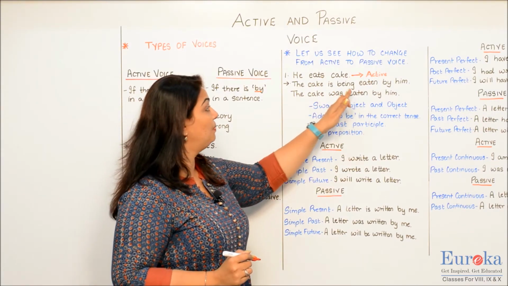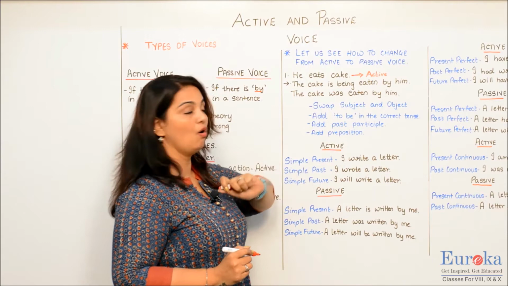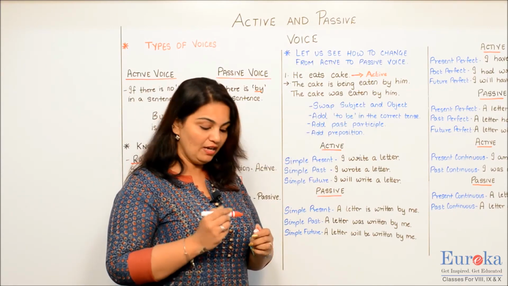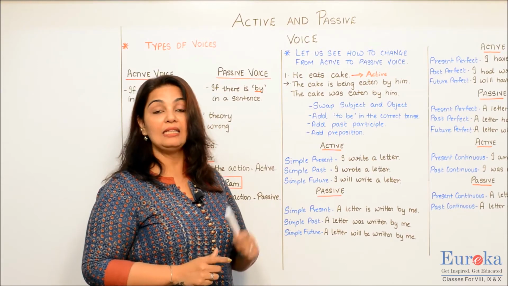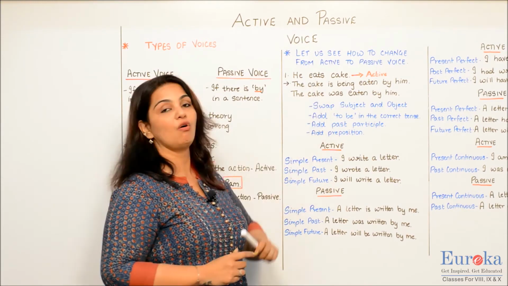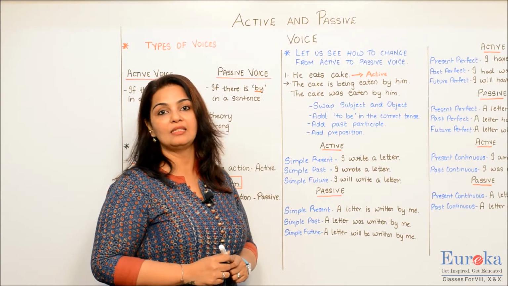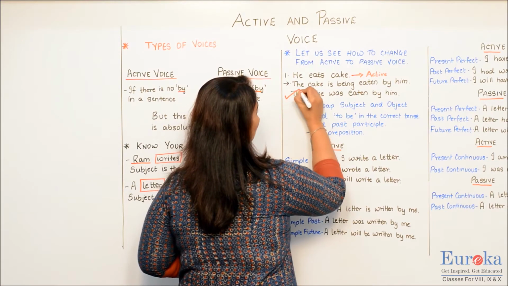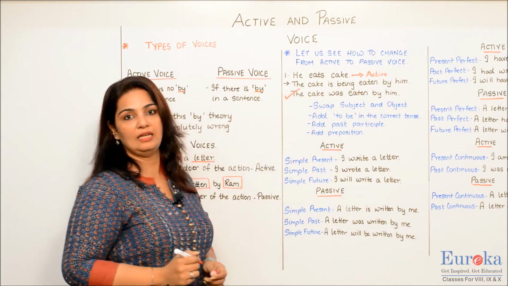The cake is being eaten by him, or the cake was eaten by him. So we have to choose the right one, and the correct answer will depend on the tense of the action word, that is the verb. So let's see which is the correct answer. This is your correct answer.